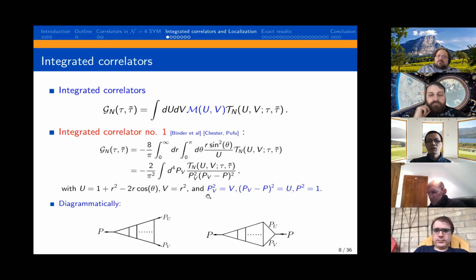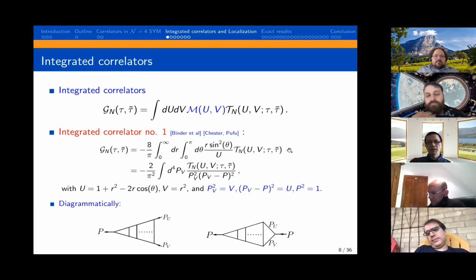Here I introduce, instead of U and V, something coming from four-dimensional momenta. So for V, I call it P_V, and P_V squared is V, and there's a P_U, but P_U is related by momentum conservation. So there are three momenta, for instance, and the P squared. In the first integral, what is theta? Theta is related to U and V like this. Right, so that was the original.